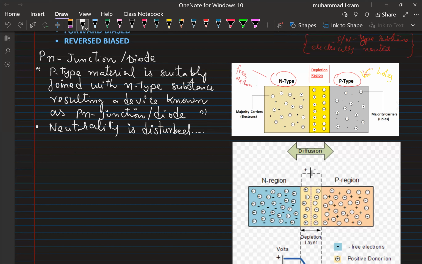Now I just want to tell you about the thickness of this PN junction.